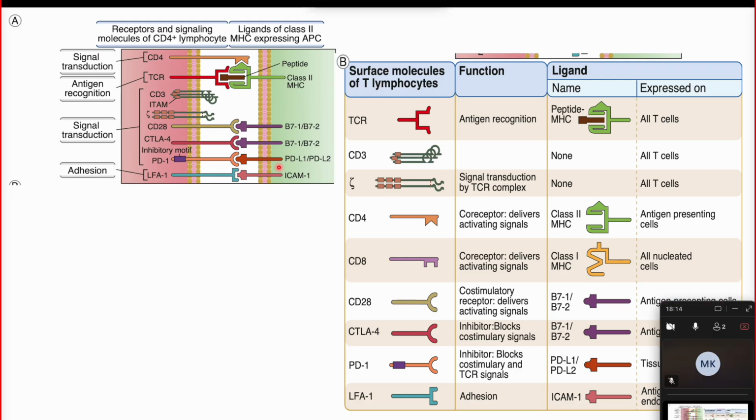Why? Because if your cells or your defense system are working against your own peptides, your own proteins, you won't be able to have a long sustained life. You will have a lot of diseases, and you will need to depend on a lot of external factors to survive.